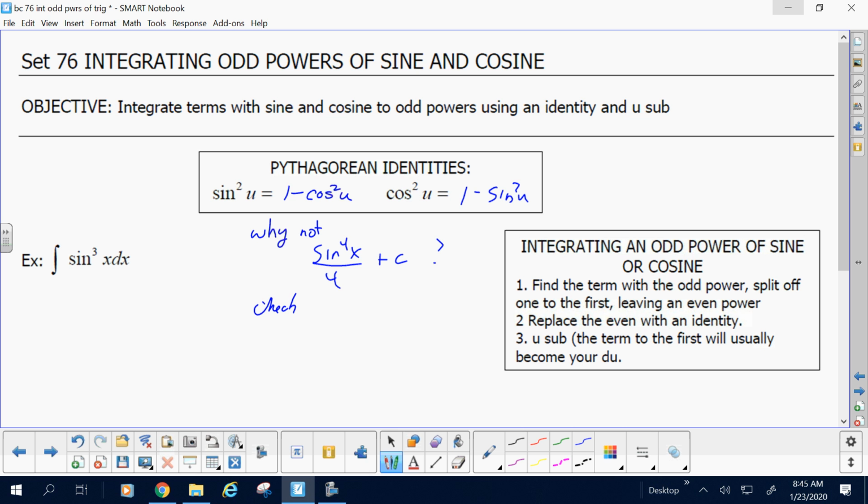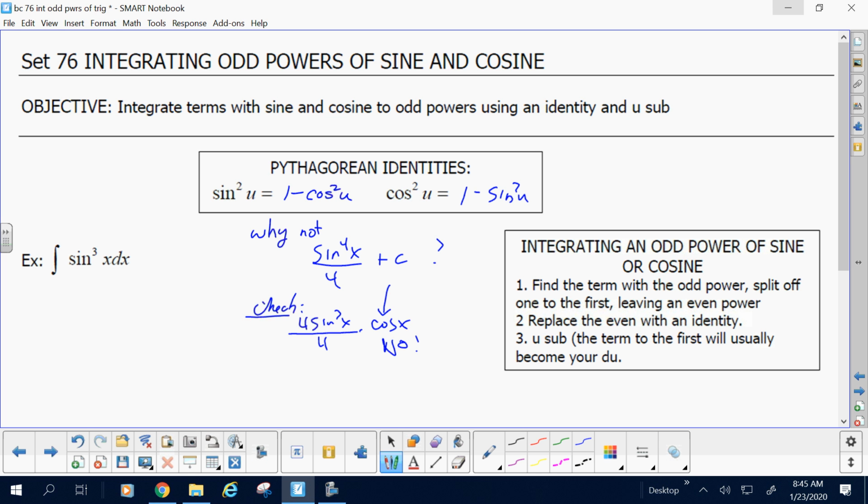If you check it, what's the derivative? 4 comes down, drops to 3, but then you pick up a cosine. Obviously, there's a chain rule component to that. That does not work. Can we all agree that integrating sine cubed is not sine to the 4th over 4? Does not work.